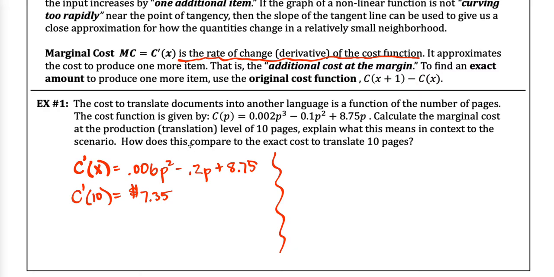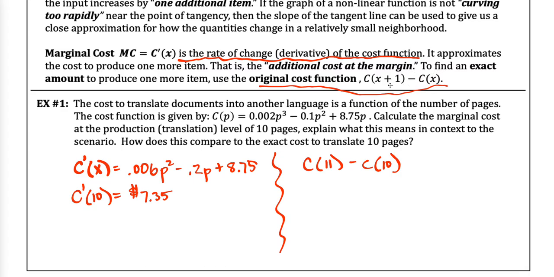Now it says, how does this compare to the exact cost to translate 10 pages? Well, the exact cost to translate 10 pages was this. We would take the cost of 11 pages minus the cost of 10 pages. So that's what c of x plus 1 minus c of x meant.